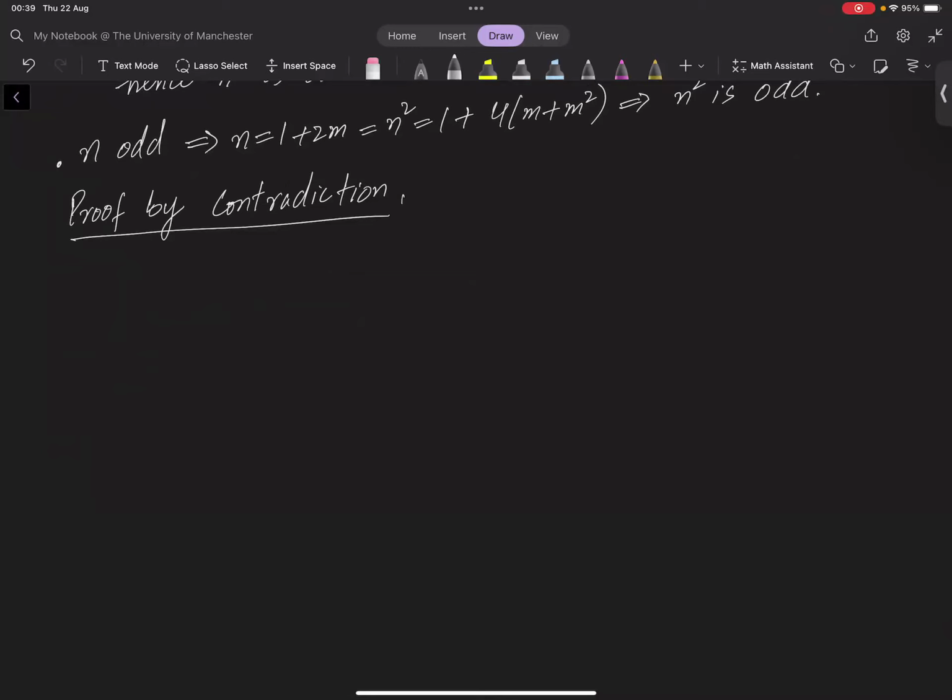Suppose we wish to prove the truth of a statement P. A proof by contradiction would proceed by first assuming that P is false. In other words, assuming P bar, we would try to deduce from this a statement Q that is false.